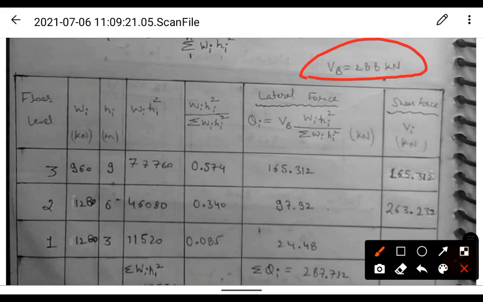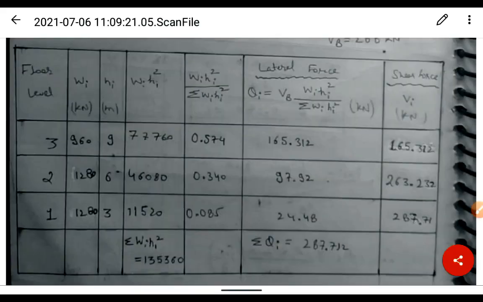After preparing a table, here Wi is the seismic weight of the floor, and hi is the height of the floor measured from the base.